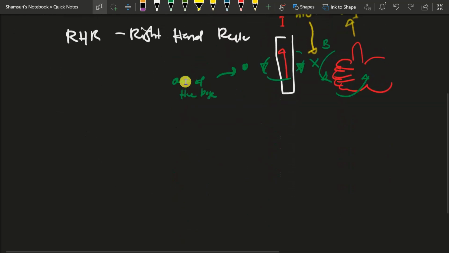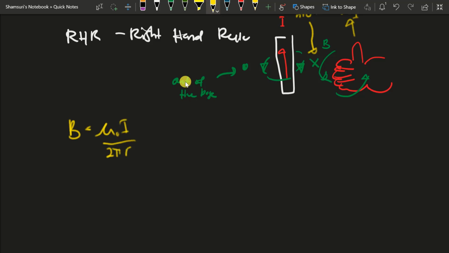So from that we can also get the magnetic field B equal to mu naught I over 2 pi R, because R is the radius.